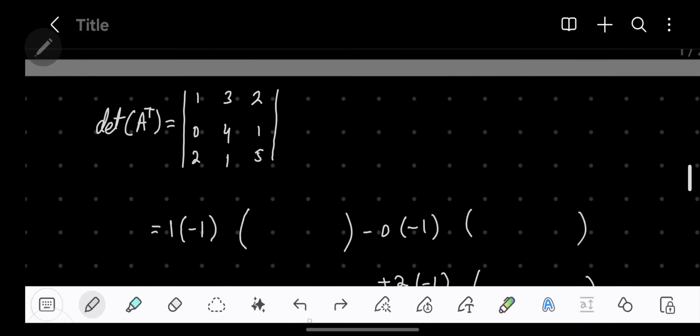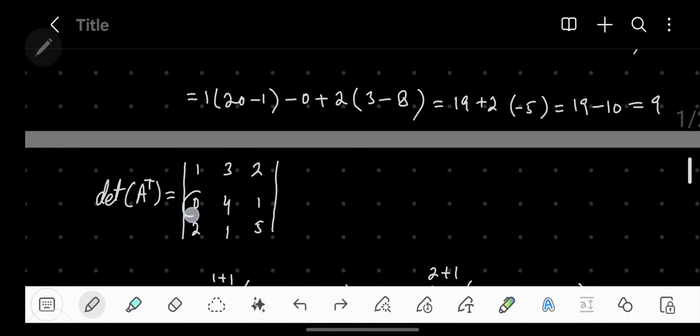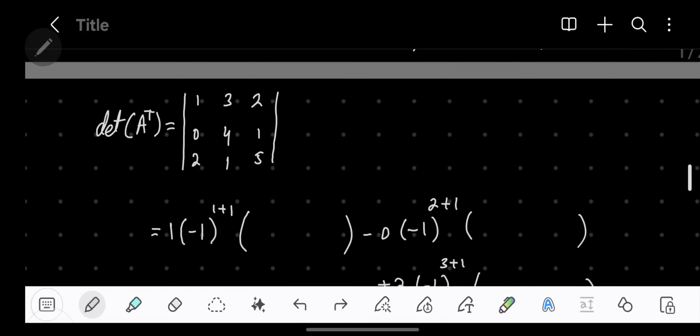Since this 0 is lying in the second row and the first column, I will write 2 plus 1. Since this 2 is lying in the third row and the first column, I will write 3 plus 1.